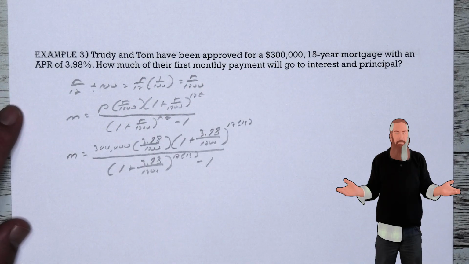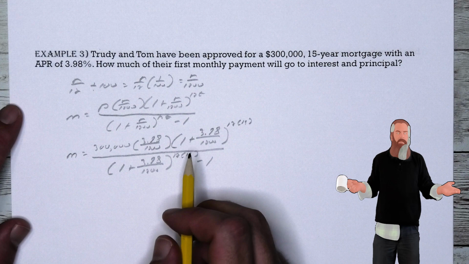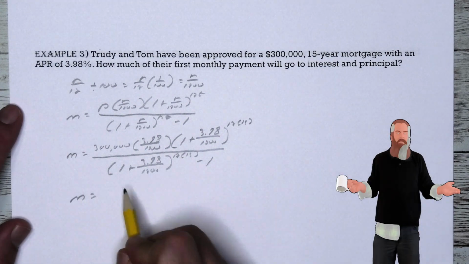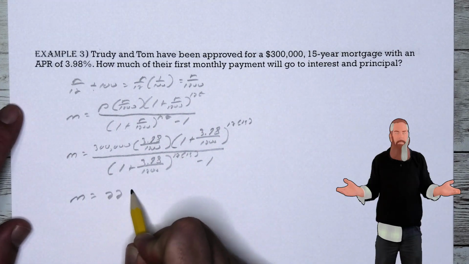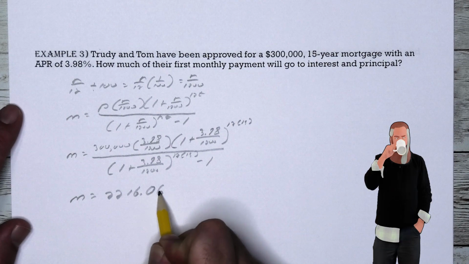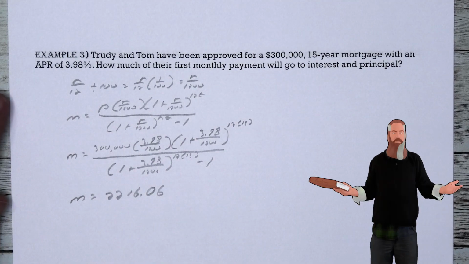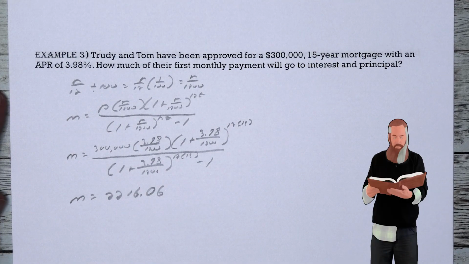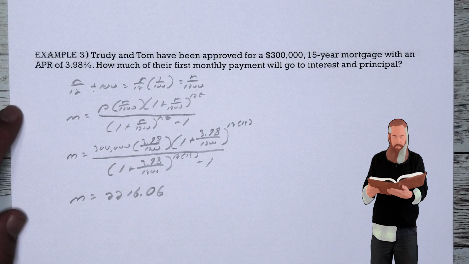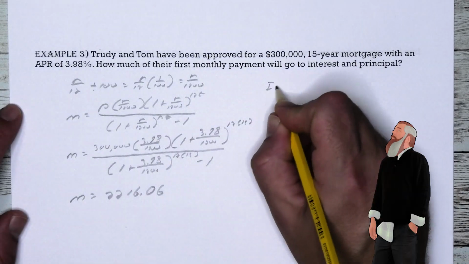So we substitute all of the values into our equation, and we find that the monthly payment is approximately $2,216.06.